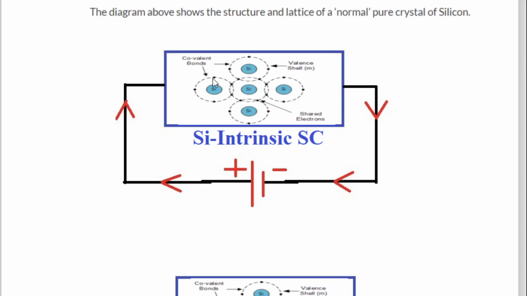Then current starts flowing. Without breaking the covalent bond, you cannot knock out the electron, and therefore some amount of electric energy is wasted. And in this way, if you connect the battery like this, the electrons will actually flow from negative to positive, but conventional is positive to negative.